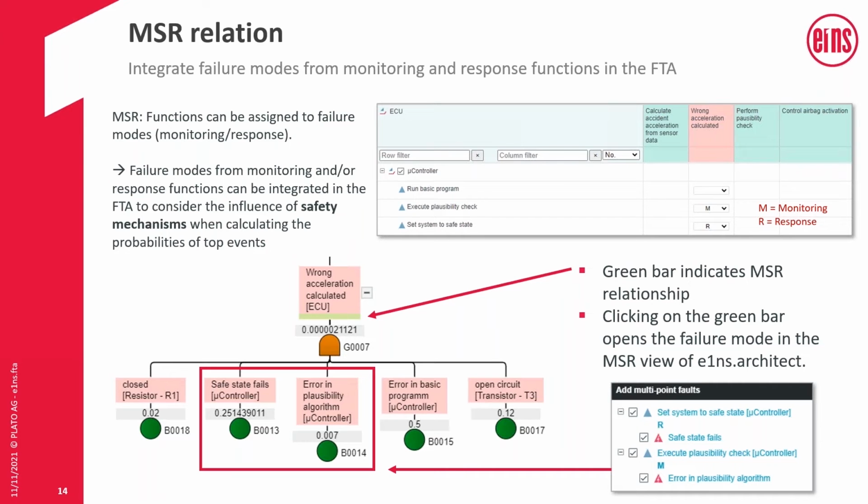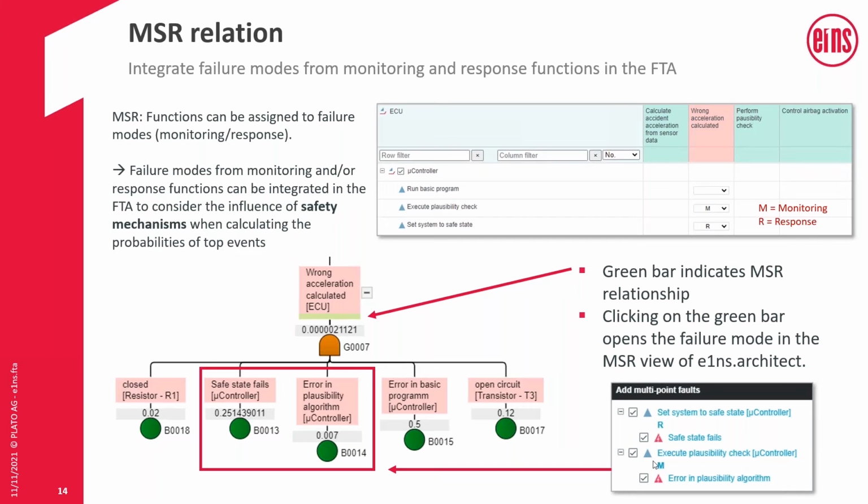Therefore, these failures of monitoring and response functions can now be easily included in the quantitative and qualitative analysis of the fault tree, and we will see how this can work. It's shown here already with this screen over here. You just check the failure modes from failing a response or monitoring function to include them, and then also to include them in the probability calculation.